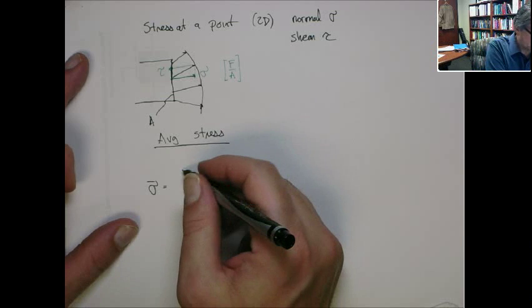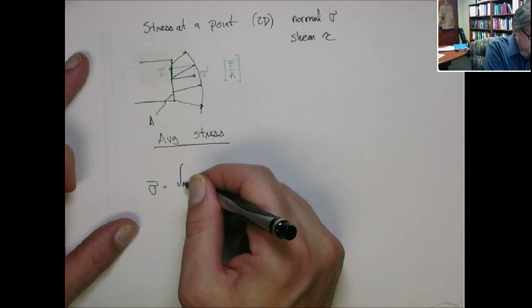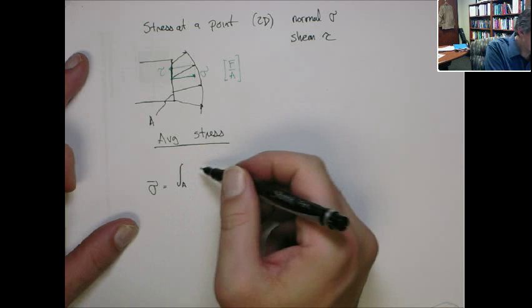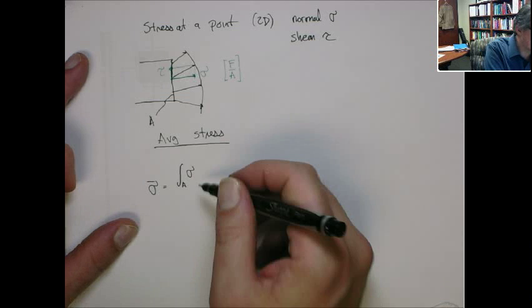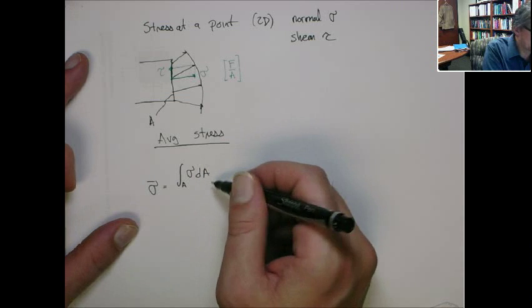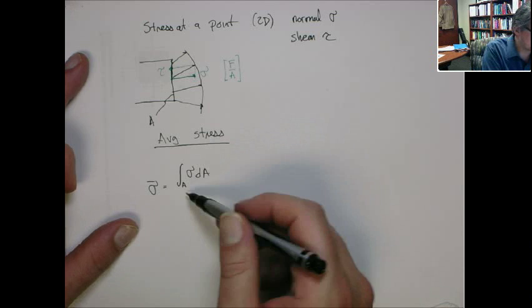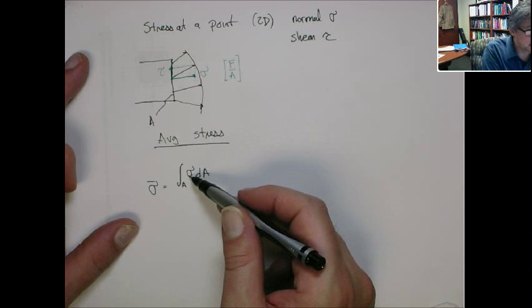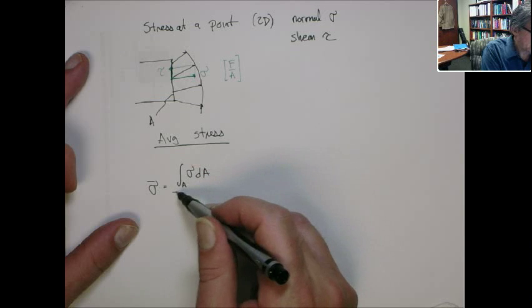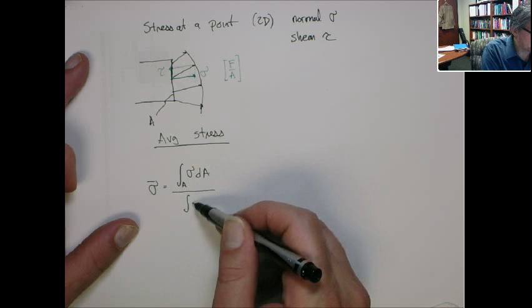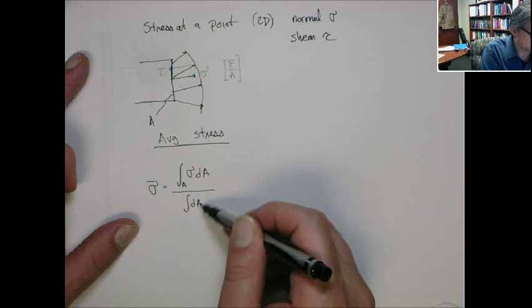So the sum is really an integral quantity. We integrate over the area of the normal stresses at a point, times the differential area. So that's the sum of all the stresses. This unit is now force, stress times area. And the average is then to divide that by the actual area.